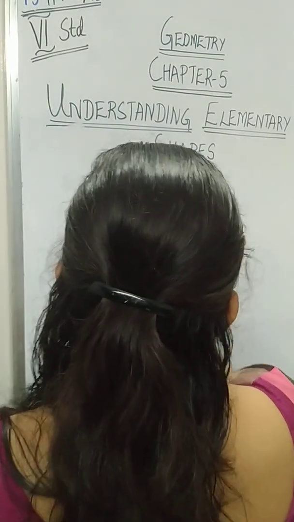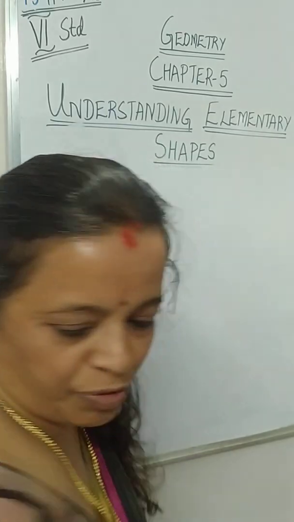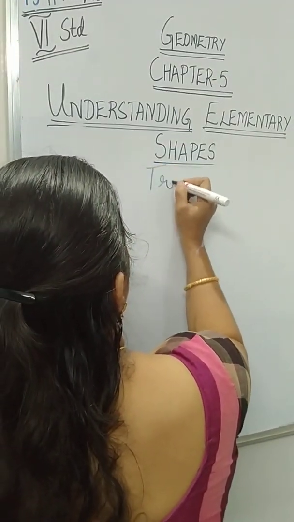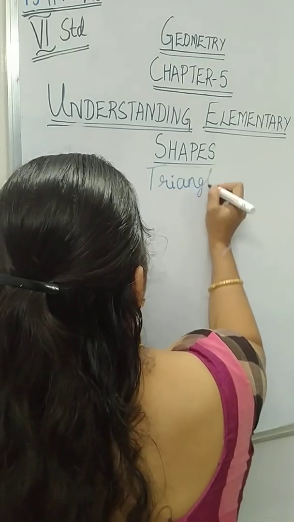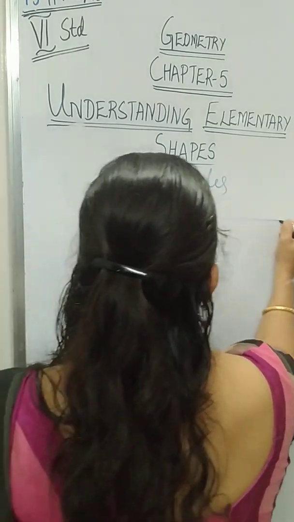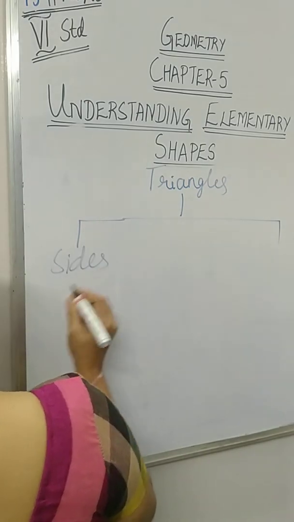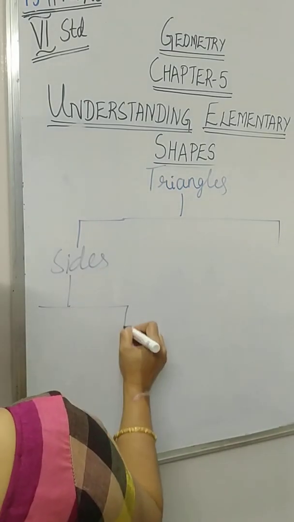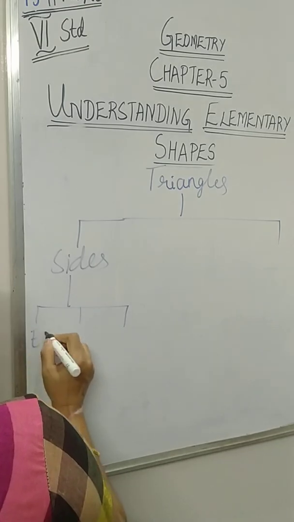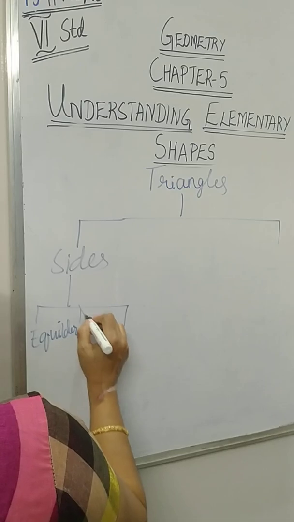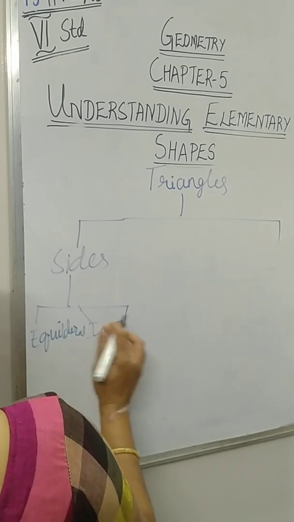In today's class, you have learnt about the types of triangles based on sides and based on angles. Based on sides, there are three types. What are they? Can you tell? Equilateral, then isosceles.